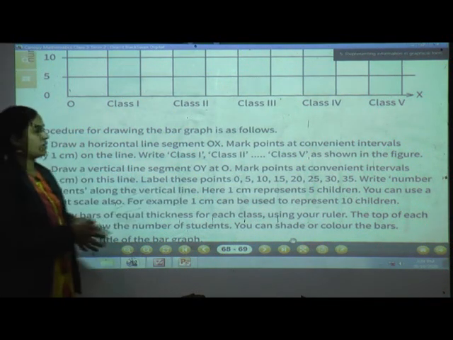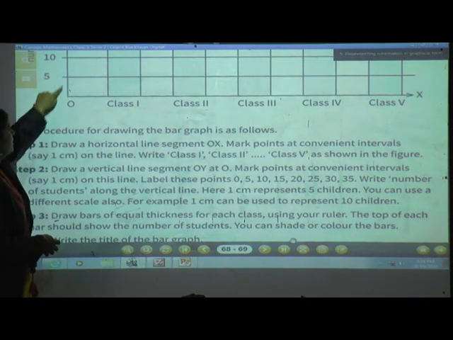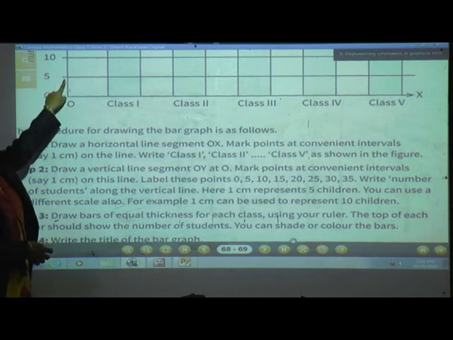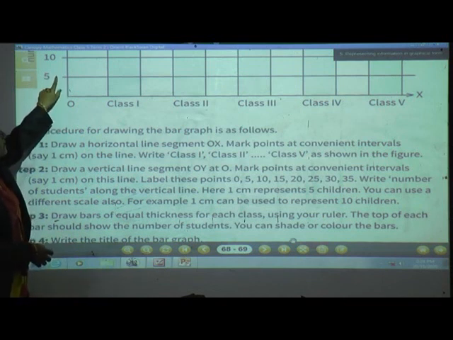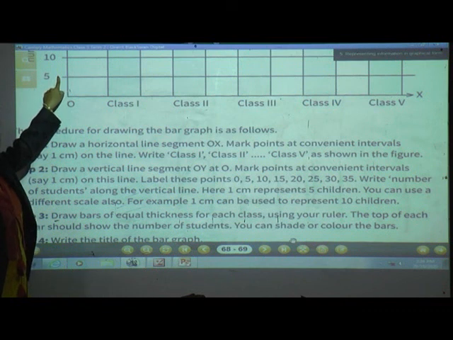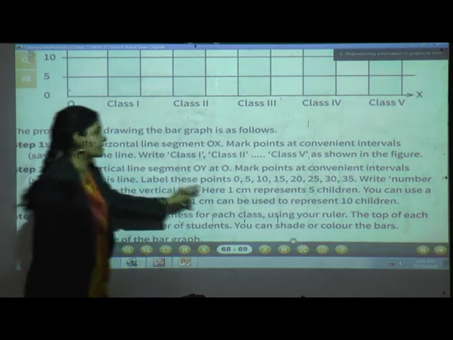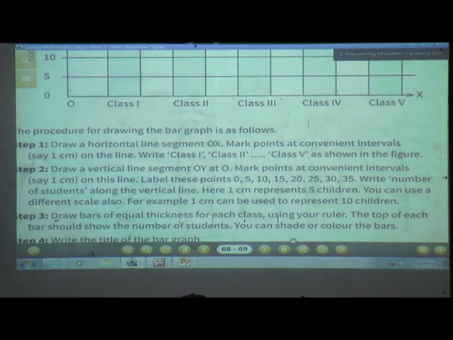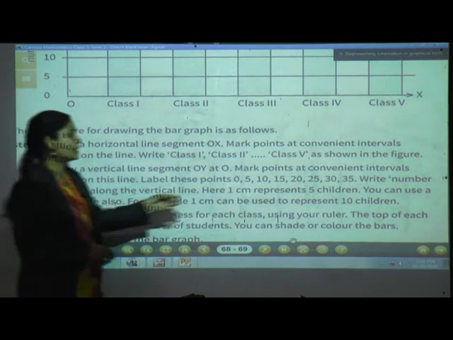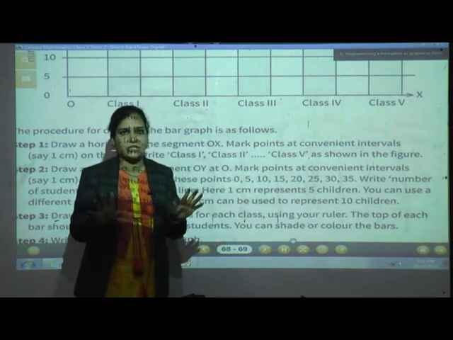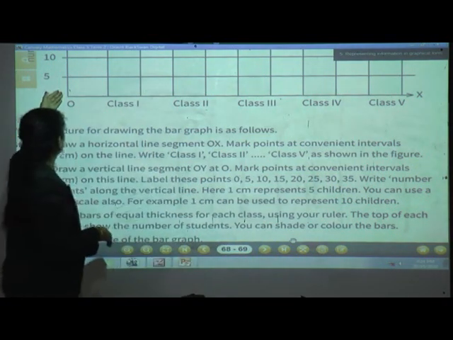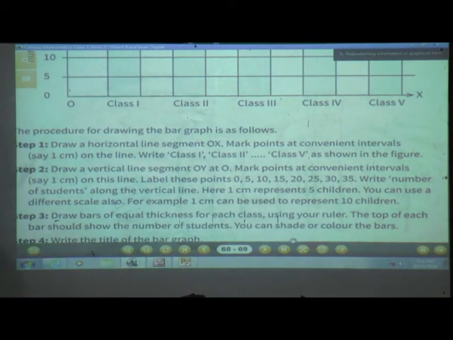Here 1 centimeter represents 5 children. Here this is a 1 centimeter scale, but here 1 centimeter shows 5 children. Isn't it? So this is our scale. You can use a different scale also. For example, 1 centimeter can be used to represent 10 children. But here 1 centimeter means 5 children.